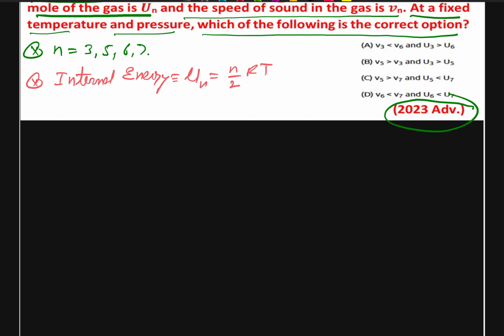Next is speed of sound, which is V_n, equal to the square root of gamma RT upon M. And here our gamma is equal to 1 plus 2 upon n. Okay. So let us take the various values of n and find out all the respective values. First of all, the value of gamma we have to find out.